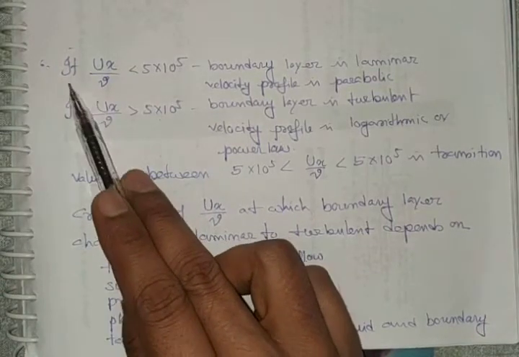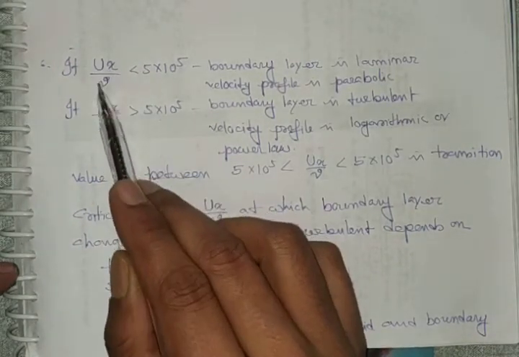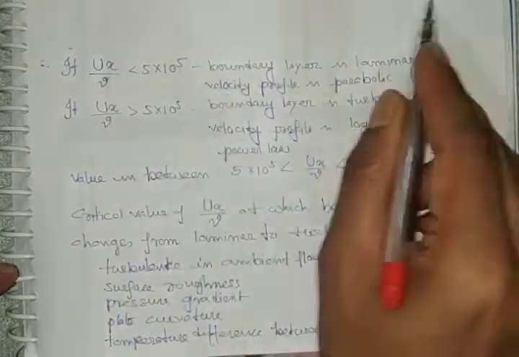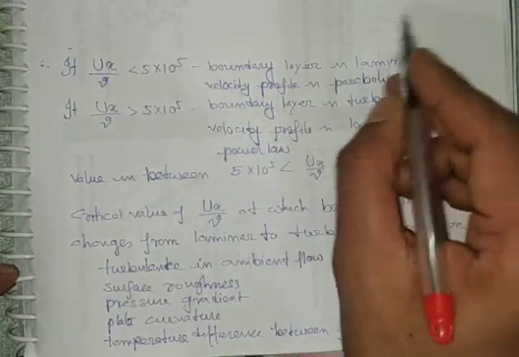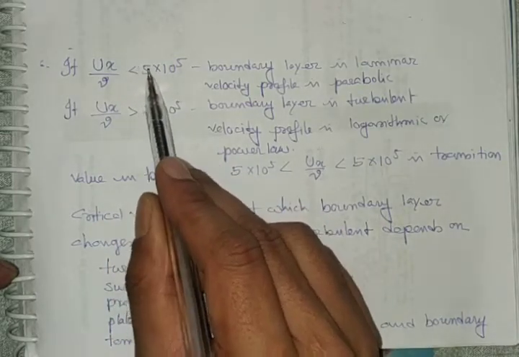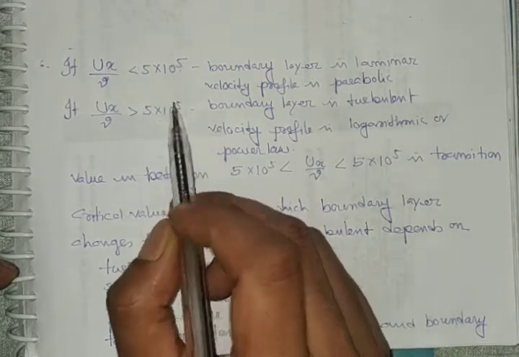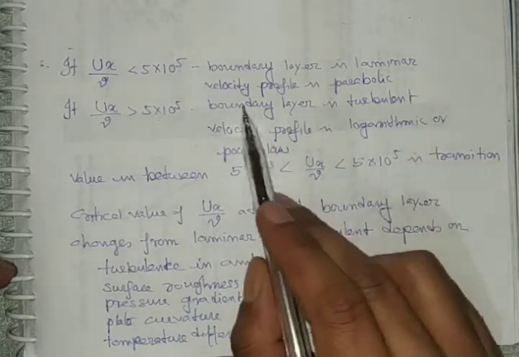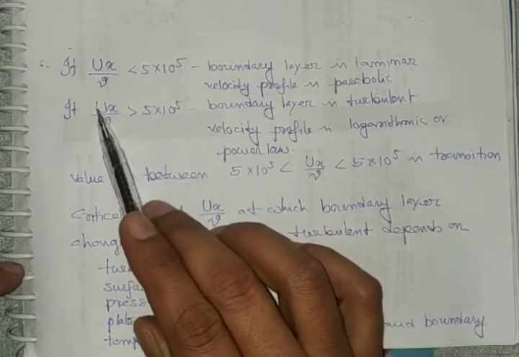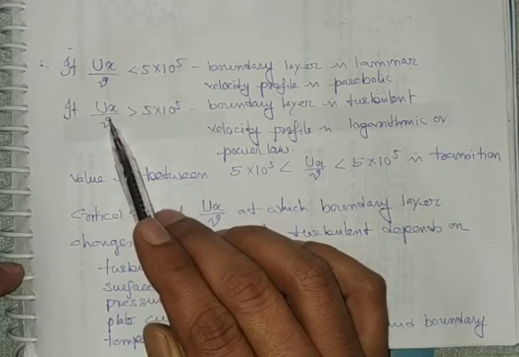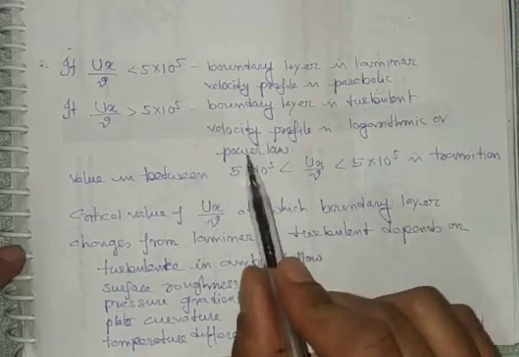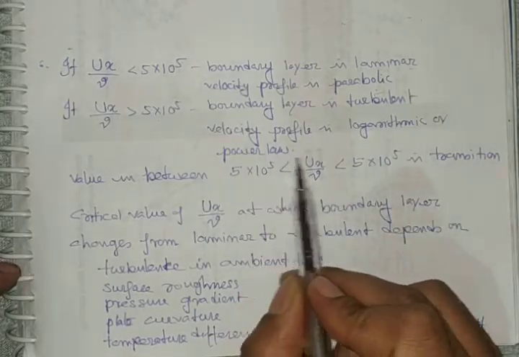So next one, if Ux divided by kinematic viscosity, where x is the distance from the leading edge for a flat surface, is less than 5 into 10 to the power 5, the boundary layer is laminar and the velocity profile is parabolic in nature. If Ux by kinematic viscosity is greater than or equal to 5 into 10 to the power 5, then the boundary layer is turbulent and the velocity profile is logarithmic or power law.